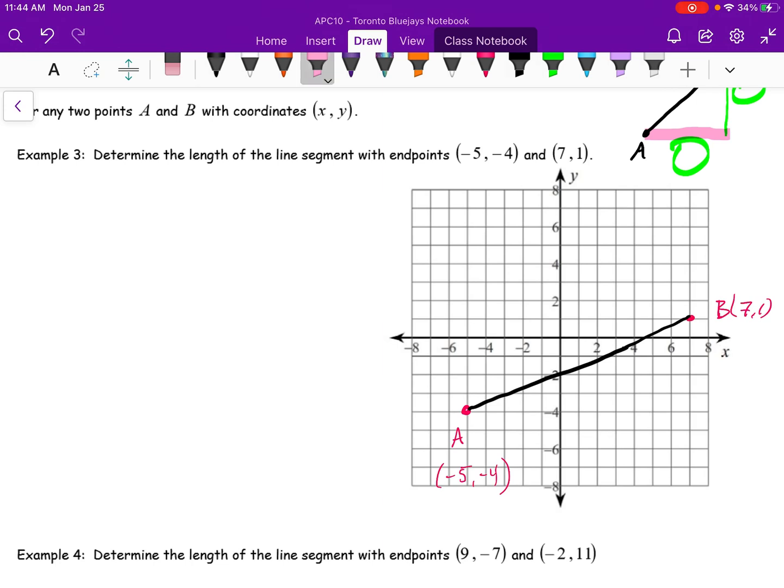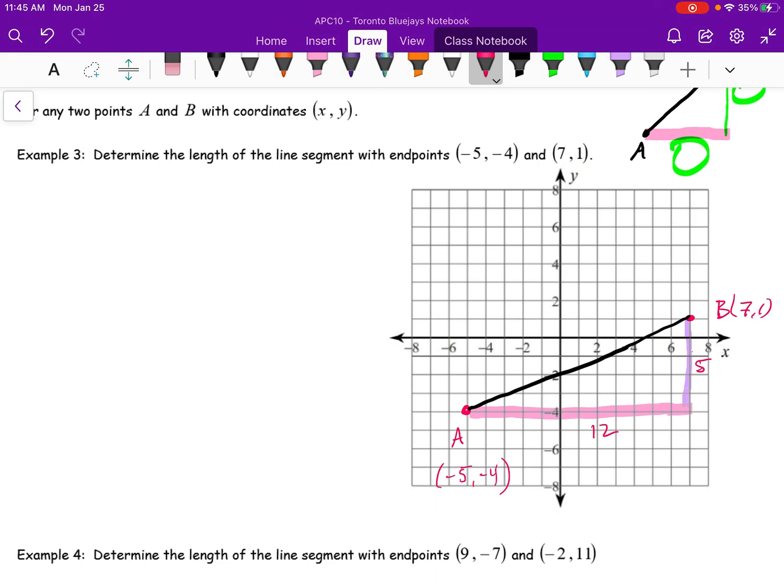I am going to approach this very similarly to what I did last time. There's the horizontal change and the vertical change. The horizontal change goes from -5 to +7, so that's a horizontal change of 12. Our vertical change is 5 tall, from -4 to +1. That's a change of 5.